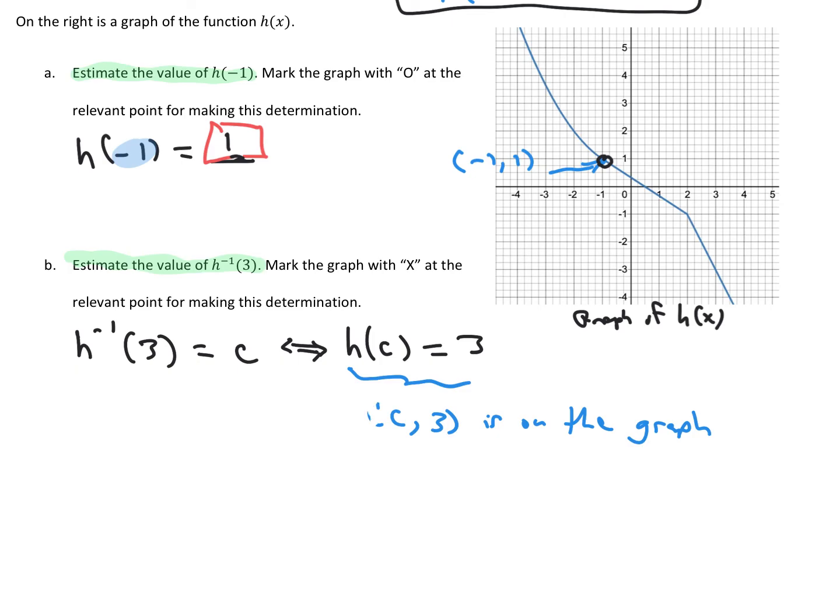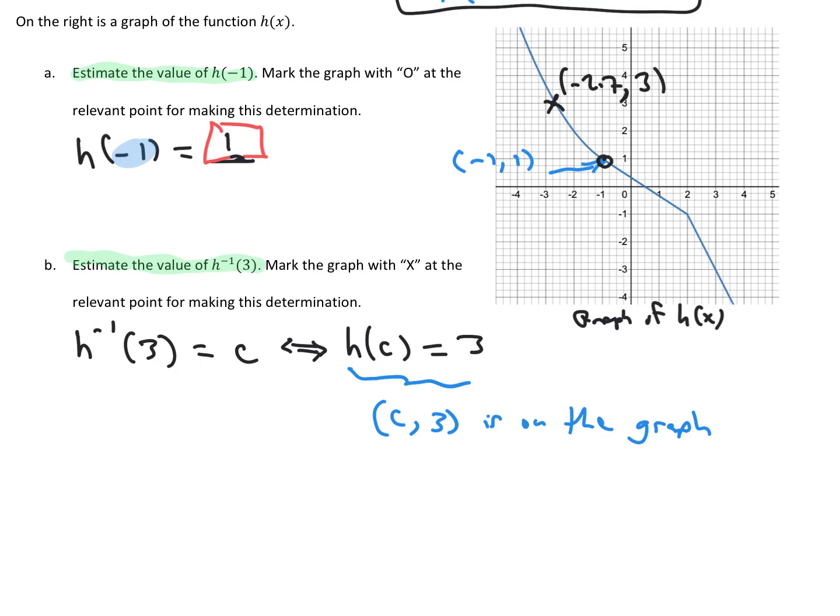So I can go looking on the graph for a point that has its second coordinate 3, and that's the one I want to use. I come up here, second coordinate 3 would be about there. So right around there is my point. That's the one I would want to mark with an X. The coordinates of that point look to be about negative 2.7, comma 3.